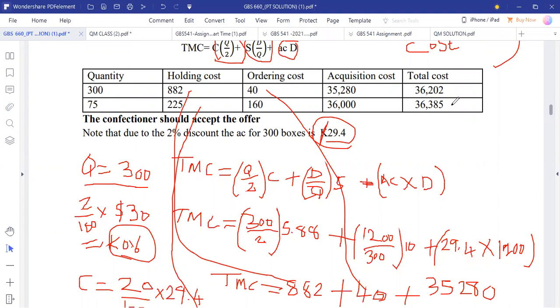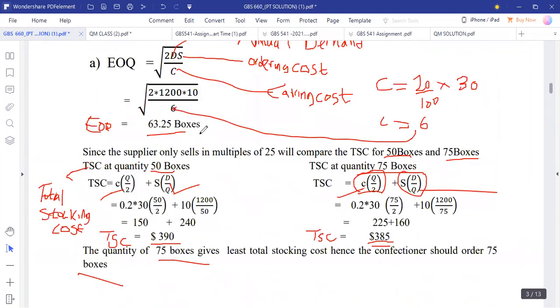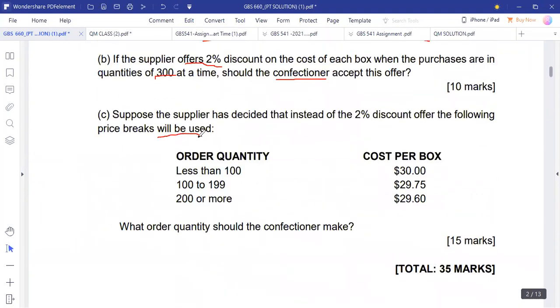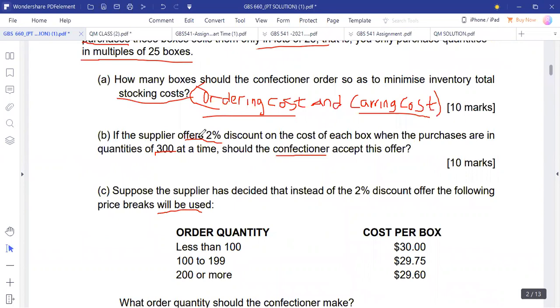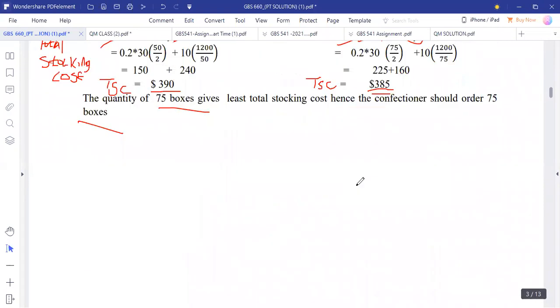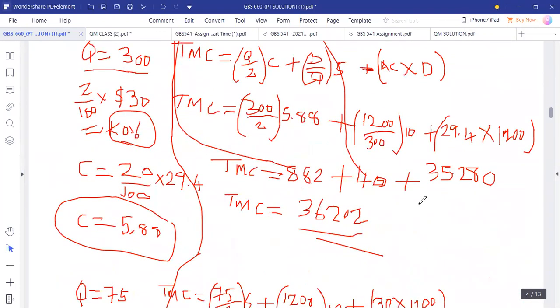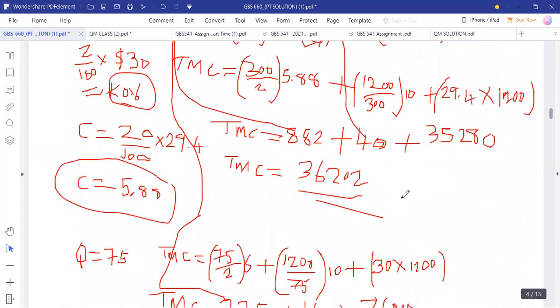According to part B of the question, if the supplier offers a 2% discount on the cost of each box when the purchases are in quantities of 300 at a time, should the confectioner accept the order? The confectioner should accept this offer because the total material cost when purchasing 300 boxes is cheaper than that of buying 75 boxes.